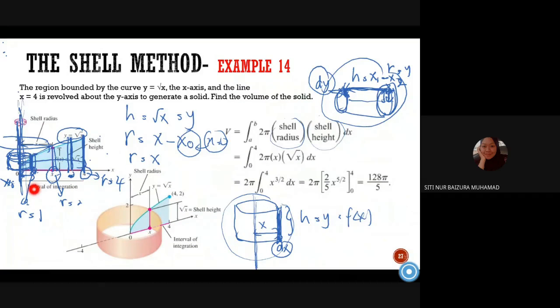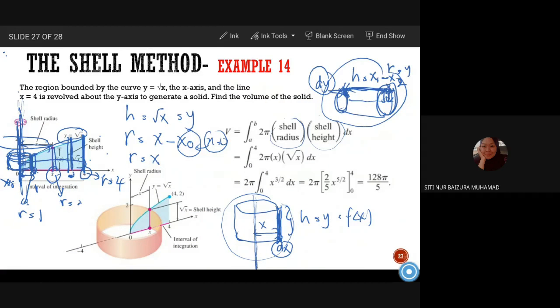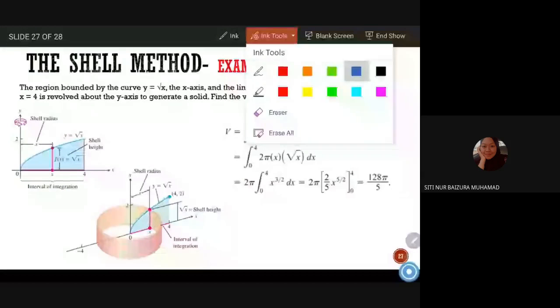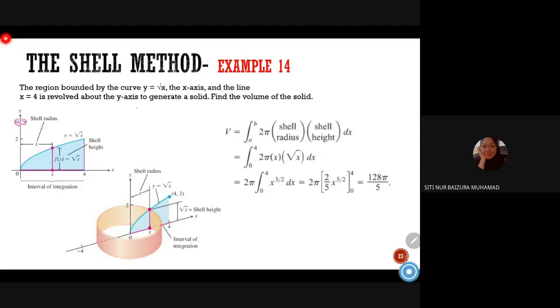Okay, so sekarang ni untuk this example, for this case r kita sama dengan x. Kalau kita ada kat sini, this is our radius. Kalau kita ada kat sini, this is our radius. So it is depending on whatever value of x that we have here. And then our height is determined by the curve y equals to square root x.